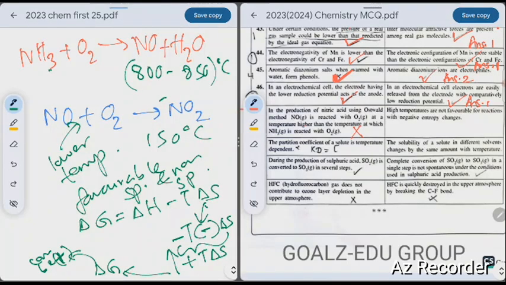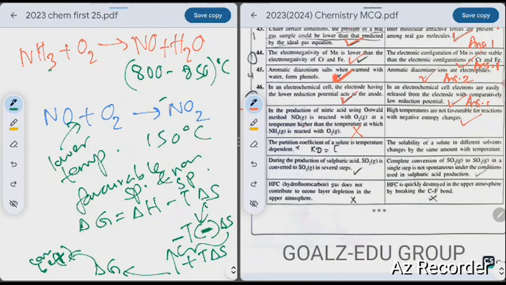So we can say that high temperatures are not favorable for reactions with negative entropy changes, because with negative entropy, we get the minus T delta S term, and minus times minus becomes plus.